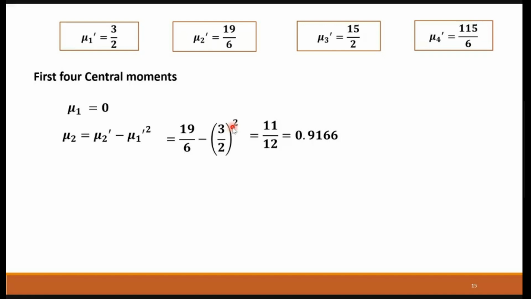What is the value of mu3? First, what is the formula for mu3? mu3 dash minus 3 mu2 dash mu1 dash plus 2 mu1 dash cubed. Substitute 15/2 for mu3 dash, 19/6 for mu2 dash, 3/2 for mu1 dash. Tell me what is the value?